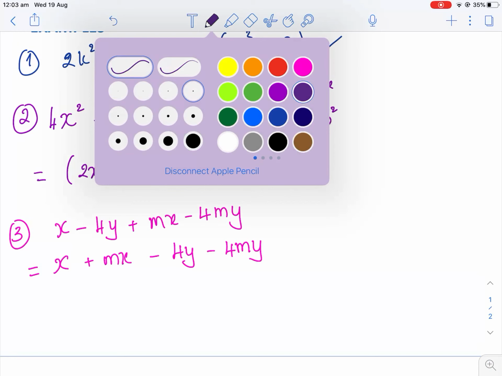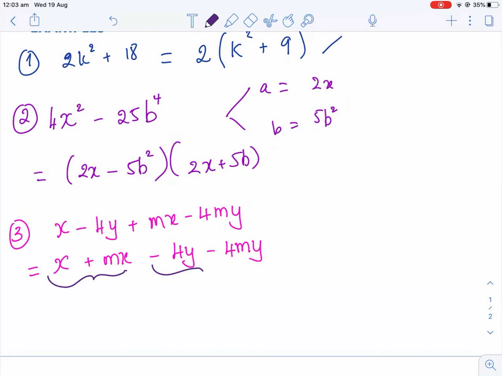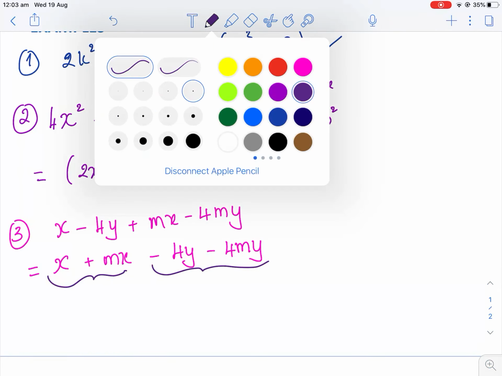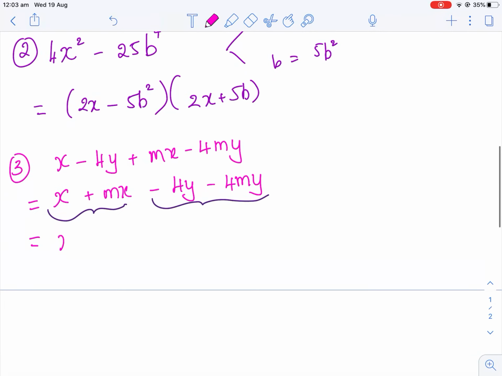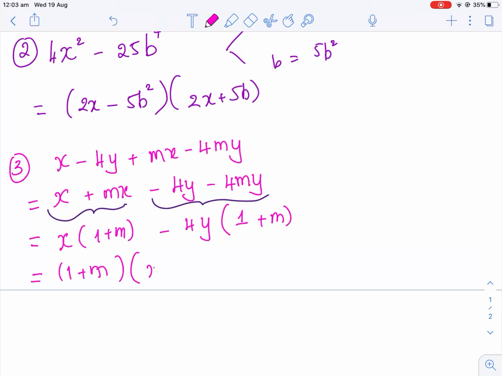And then I group them. I take out the common factor, which is x, and the inside is going to be 1 plus m. And for this one, the common factor is negative 4y, and opening the bracket, the inside is 1 plus m. So your final answer is 1 plus m times x take away 4y.